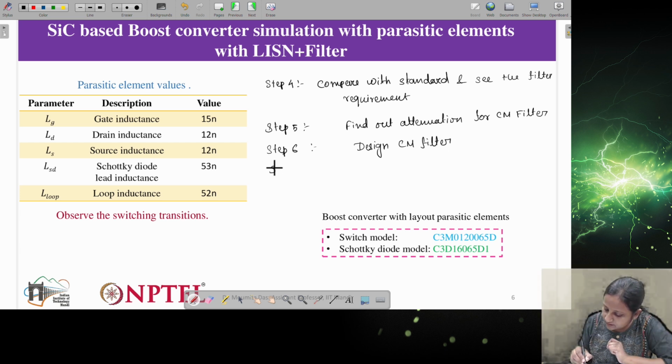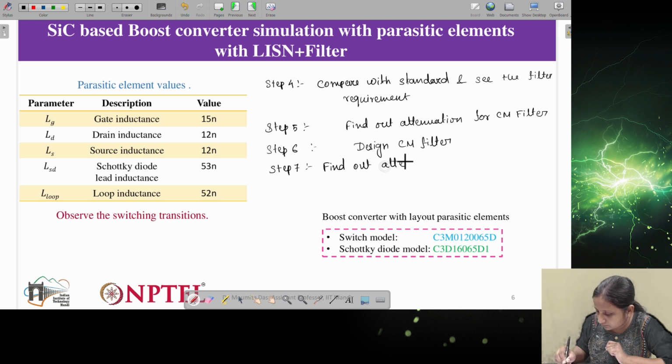Right. Now step 7, find out attenuation for DM filter. Step 8, design DM filter.